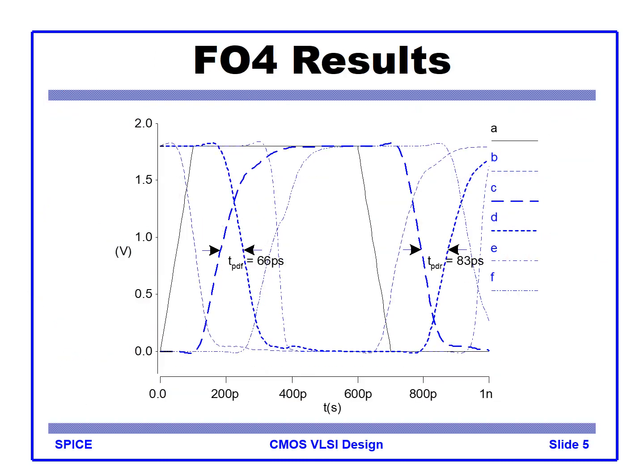this is the actual delay output. So we have A, B, C, D, E, F. A is the input, right? And B is here, then C, D, E, F, right? So in this example we applied a little realistic rise time.